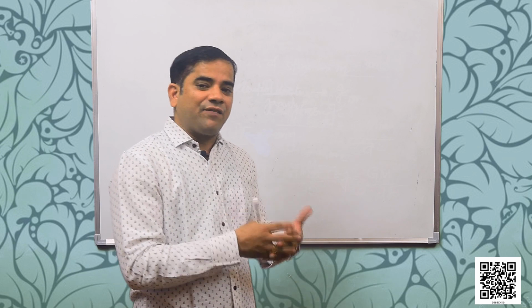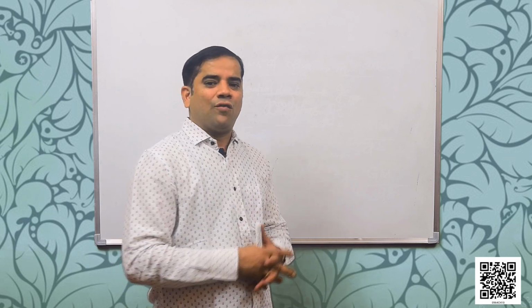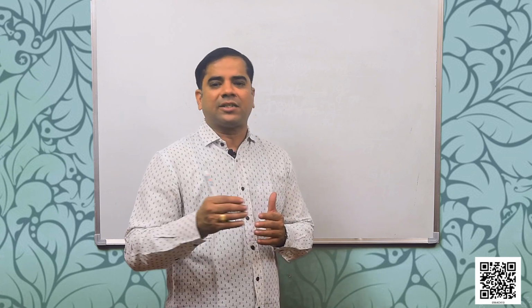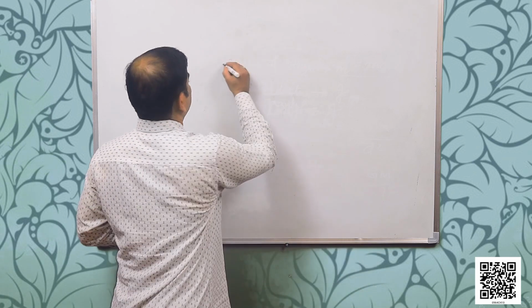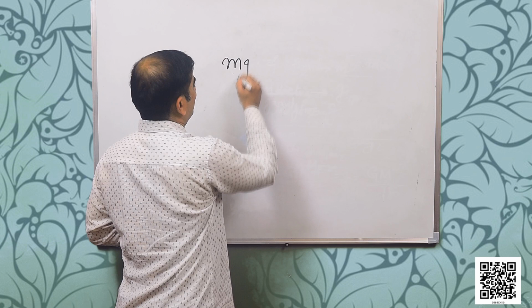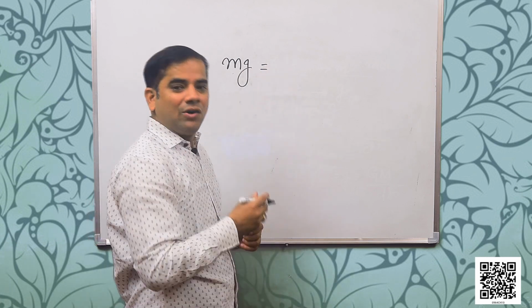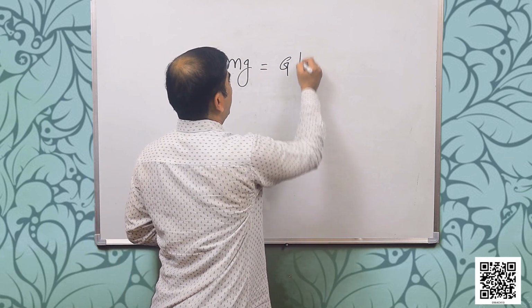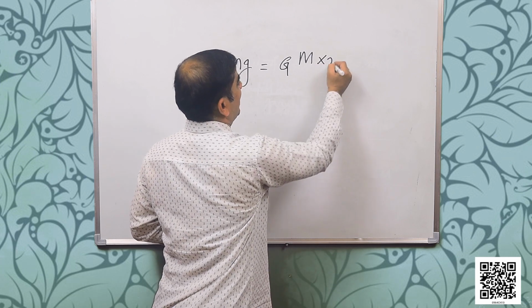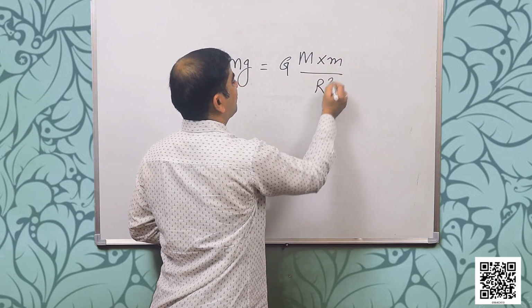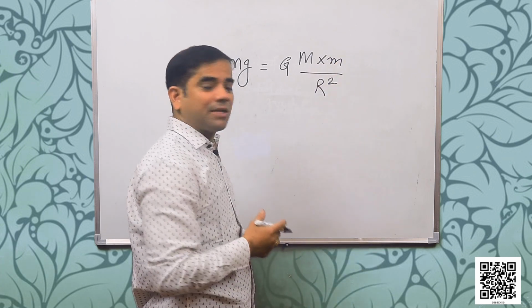So for objects on or near the surface of the earth, force, that is mass into acceleration due to gravity, will be equal to G m by r square, where r is nothing but the radius of the earth.